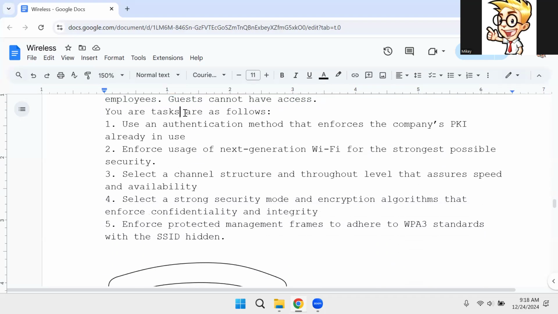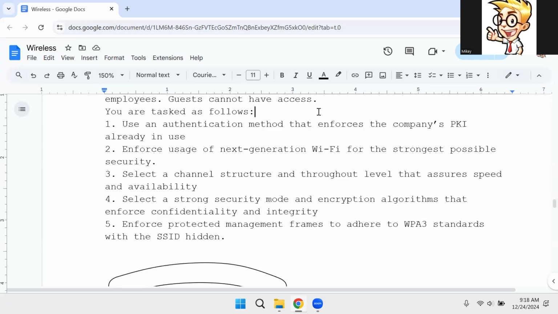You are tasked as follows. A little grammar issue. Okay, use an authentication method that enforces the company's PKI, or public key infrastructure, already in use. Enforce usage of next generation Wi-Fi for the strongest possible security.